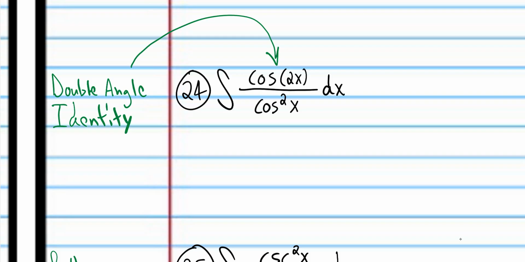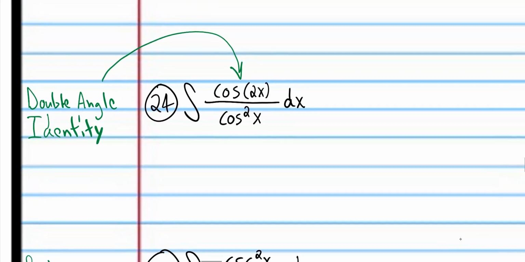Now this problem is going to be a little bit more difficult because there's actually 3 different double angle formulas for cosine 2x. And if I remember correctly, I think 2 out of the 3 are not going to work, but one of them should work. And the one that is going to work should be 2 cosine squared x minus 1.